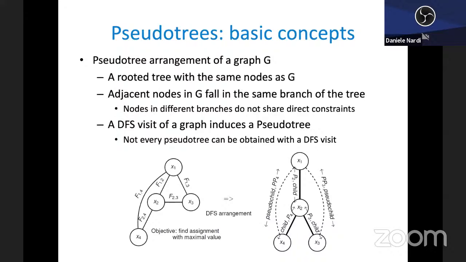And in fact, in this particular pseudo tree that is being built for this problem, they will be able to handle the messages without referring directly to x1. They will only communicate with x2 once this pseudo tree has been built for this problem.